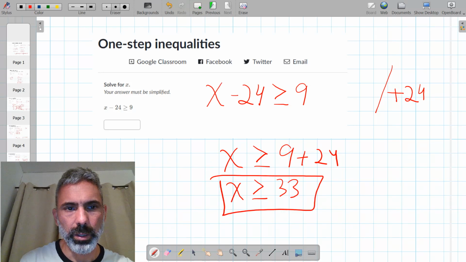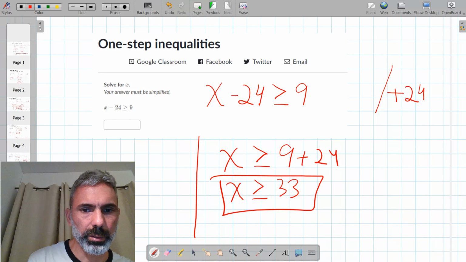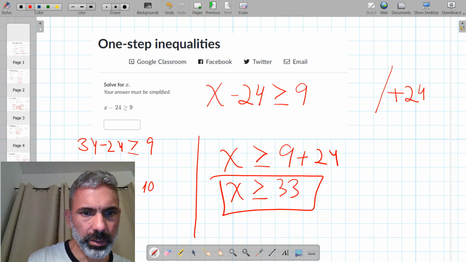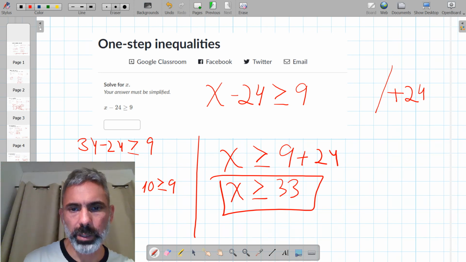Okay, so now let's test this result. So let's plug in 34. 34 is greater than 33. So 34 minus 24 needs to be greater than or equal to 9. 34 minus 24 is 10. 10 is greater than 9, so this is correct.